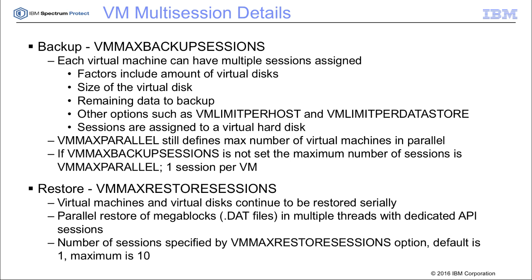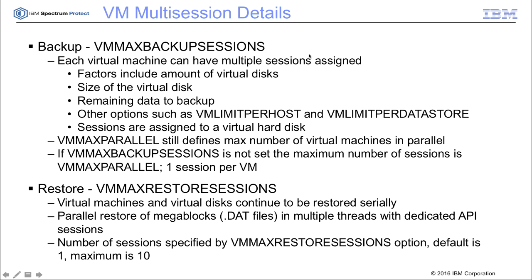Okay, so I'd like to give you some further information on how these new parameters work, starting with VM max backup sessions. First of all, you should understand that this is truly a maximum, in the sense that the Spectrum Protect server and the Data Protection for VE client are deciding how many backup sessions each machine can have.